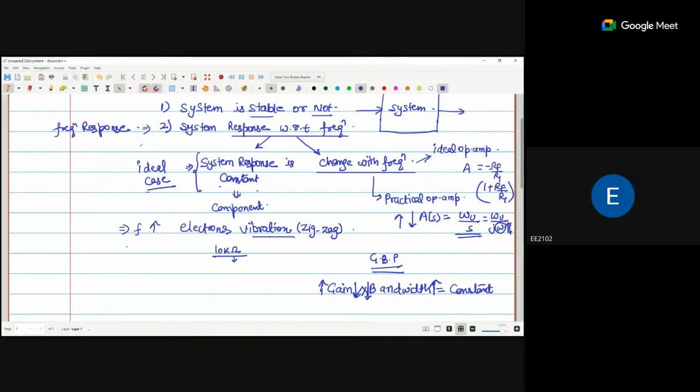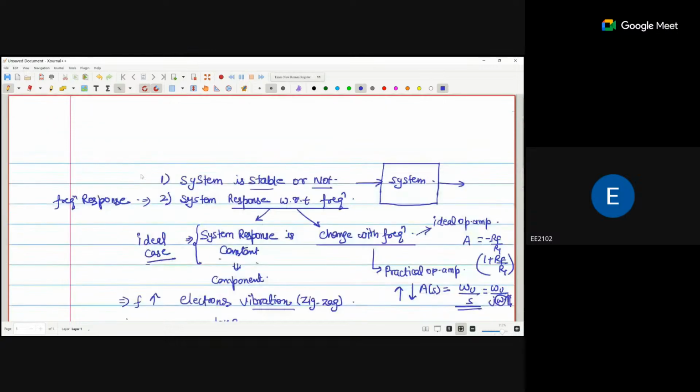Now the second thing is how to identify whether the system is stable or not. For this we require the magnitude response and phase response. You will discuss that in more detail in control systems; the topic is the Bode plot.